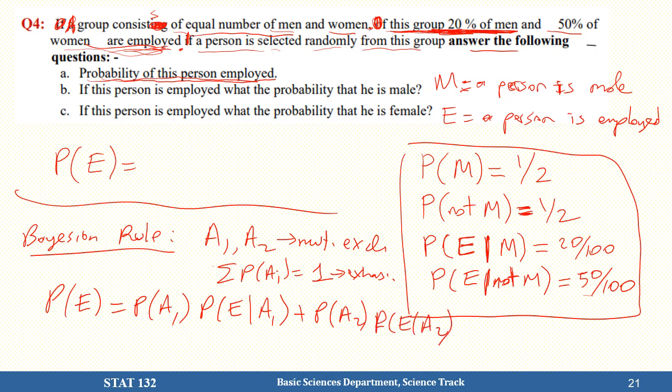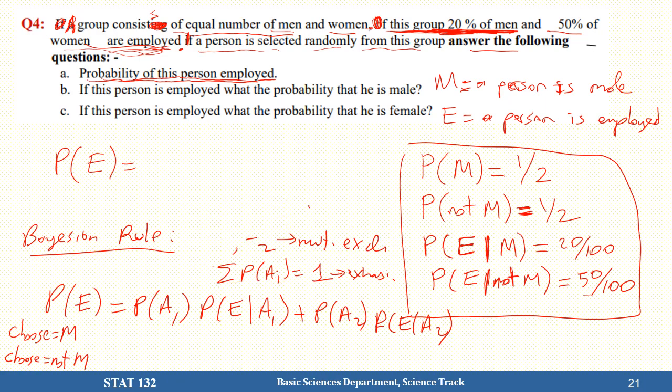Now the question here is what is A1 and A2 in this question? What are these in our question? Now the best option seems to be male and not male here, so you can choose A1 as male and choose A2 as not male.